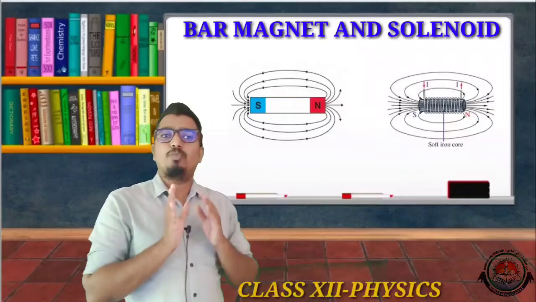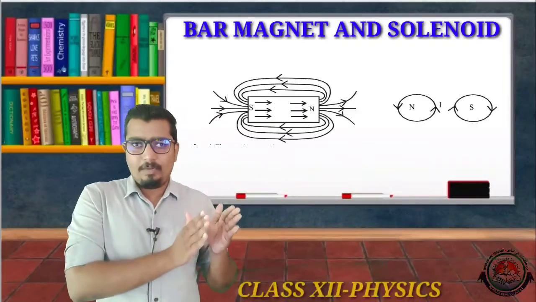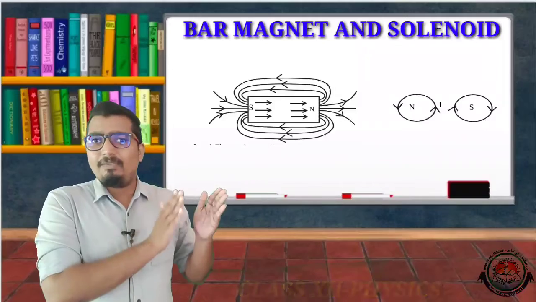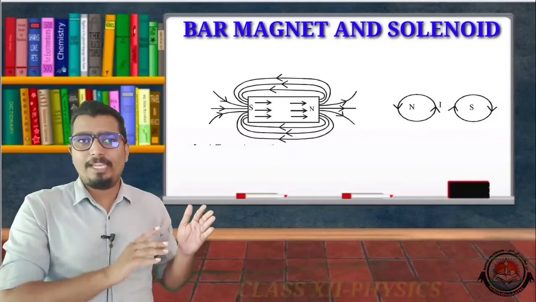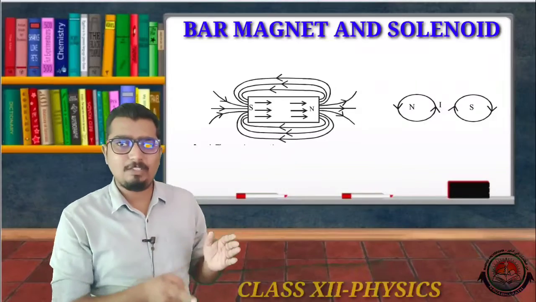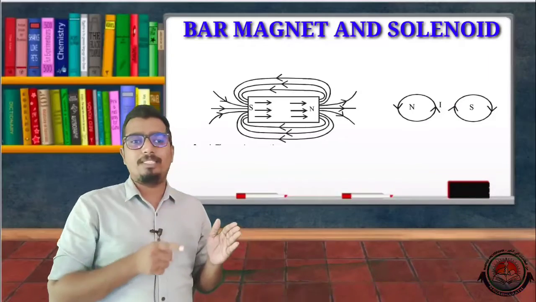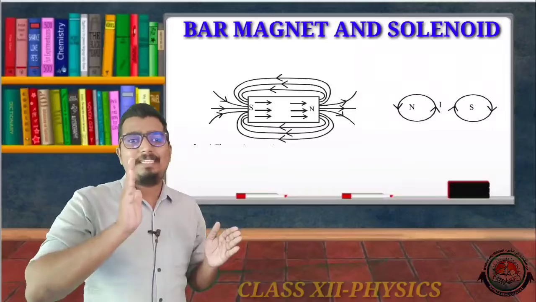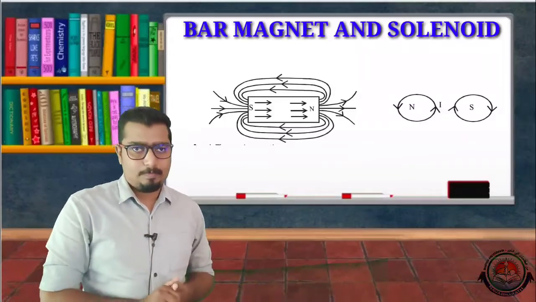When we look at one end of the solenoid, if the current is flowing in anti-clockwise direction, then that end is North Pole.